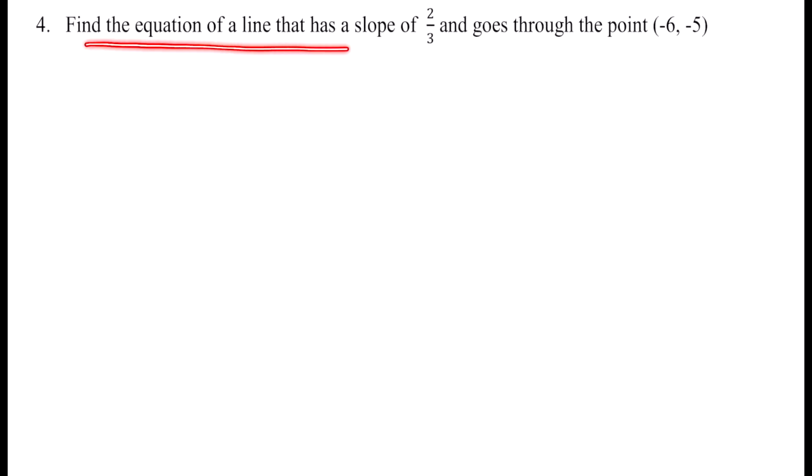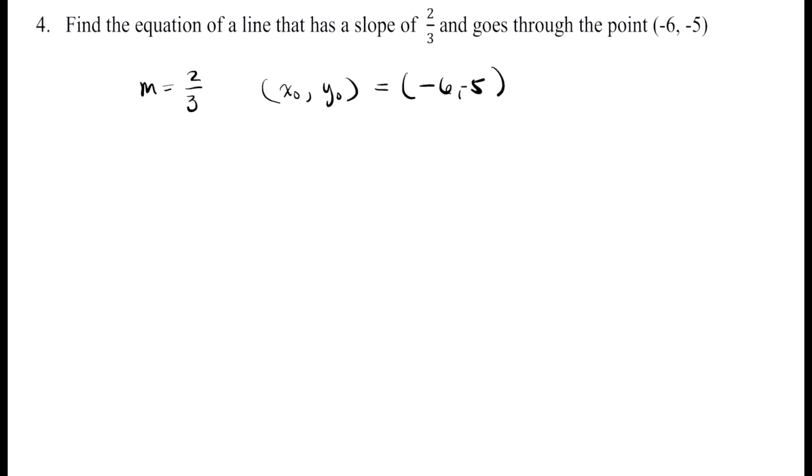Find the equation of a line that has a slope of 2/3 and goes through the point (-6, -5). So we're given m equals 2/3. And we're given a point, so we're given x naught comma y naught is equal to (-6, -5). So x naught equals -6, y naught equals -5. So we can't use the slope-intercept form, so we need to use the point-slope form again.